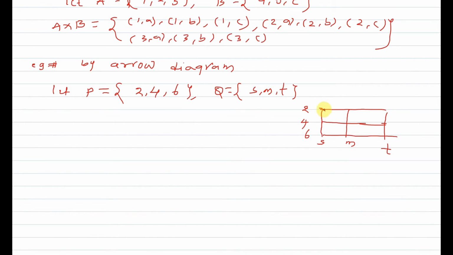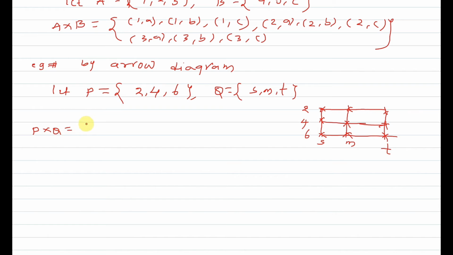This is the intersection of 2 and S. This is the intersection point of 2 and M. This is the intersection point of 2 and T. And this is the intersection point of 4 and S, 4 and M, and 4 and T. And this is the intersection point of 6 and S, 6 and M, and 6 and T. Okay, right. Now we should write the Cartesian product P cross Q.